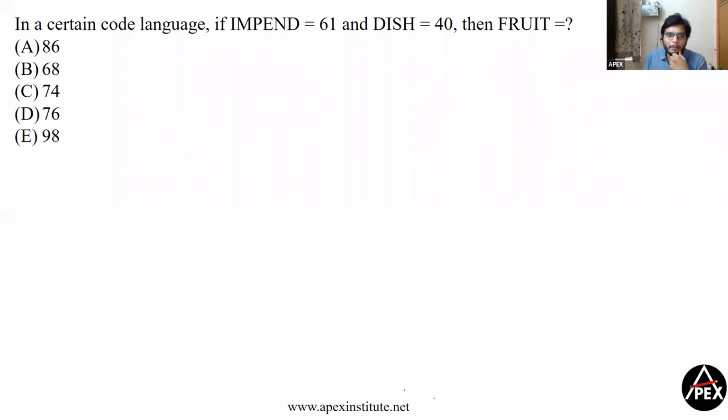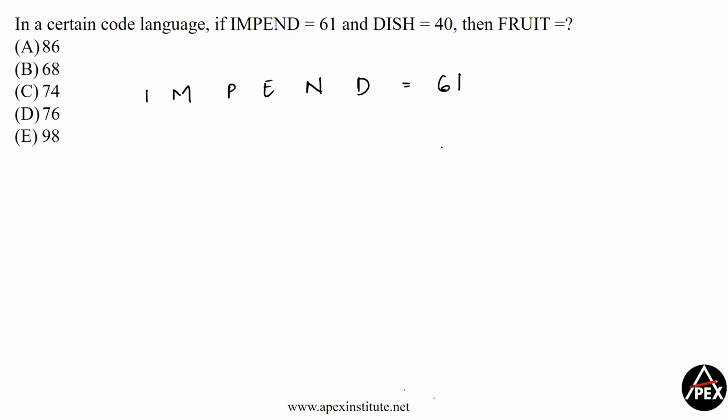Okay, so impend is 61. But when I have to write the numbers corresponding to alphabets like V or X, then I will be taking a pause, because those alphabets appear very rarely, isn't it?